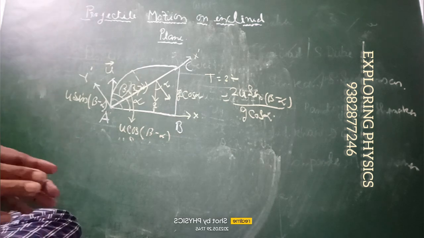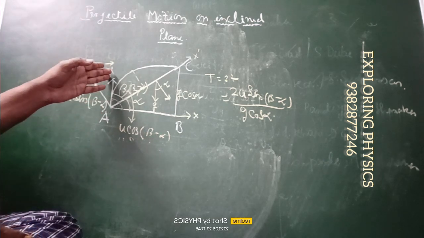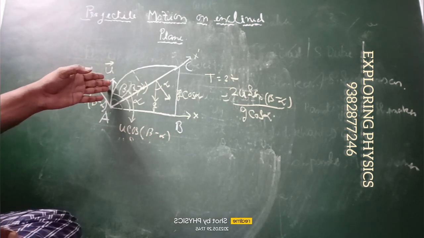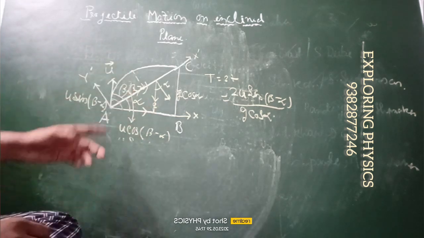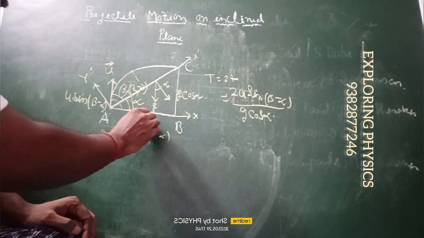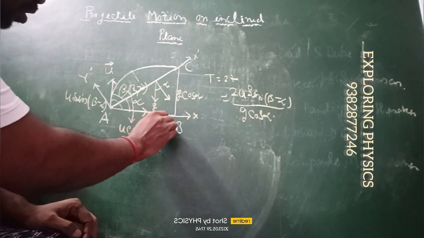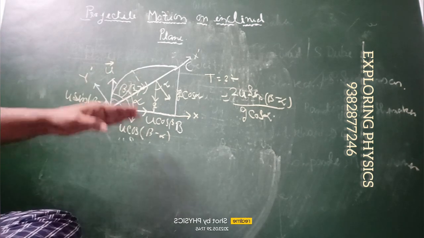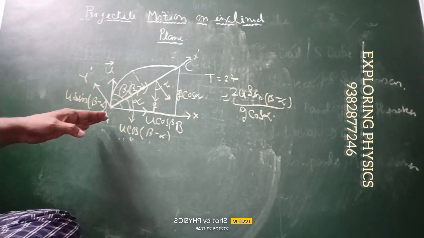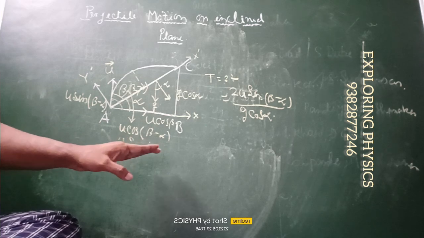For that, using the resolution of u along AB, making angle beta, we get u cos beta. So u cos beta is the uniform velocity along AB, right students?